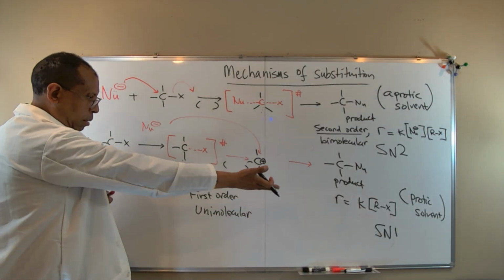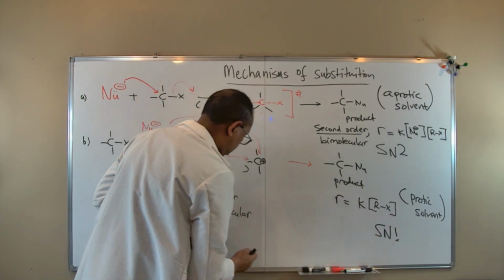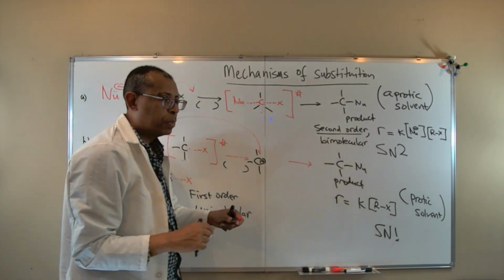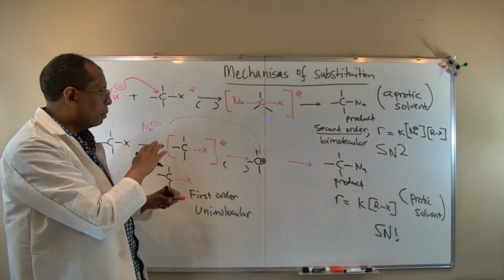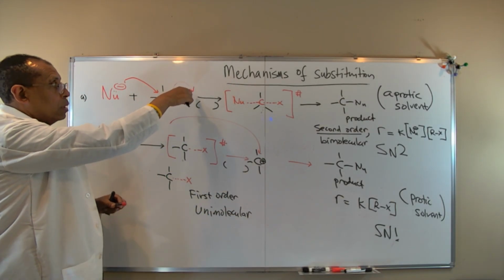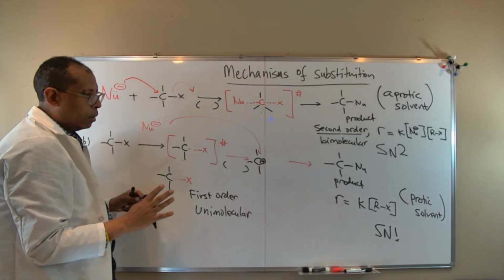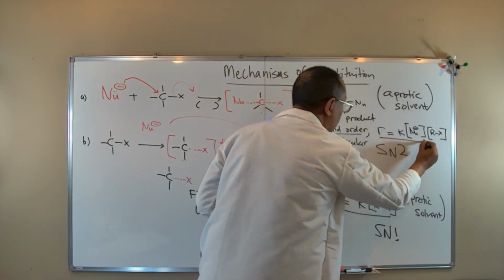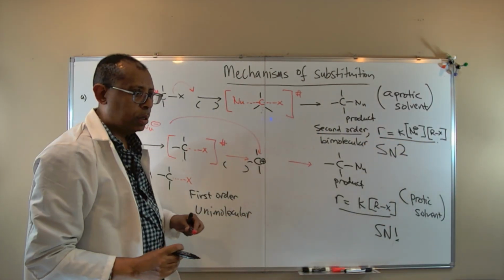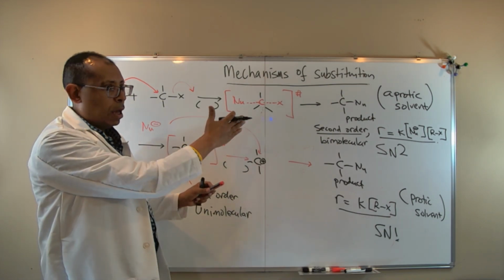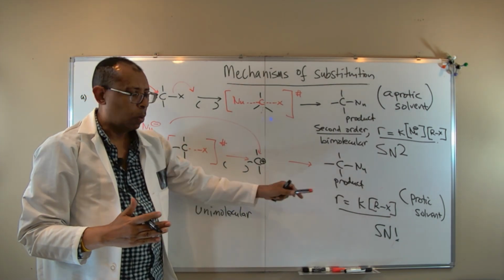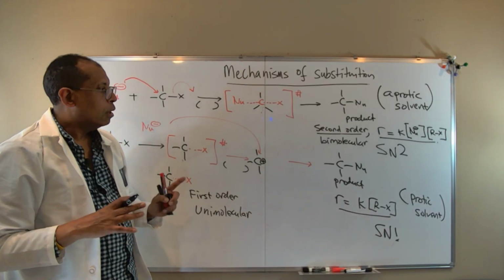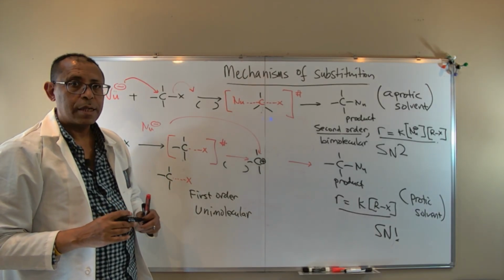SN1 is obviously unimolecular, because you have 1, and SN2 is bimolecular. So understand the mechanism, understand which way the arrows are moving, and also remember the rate, the kinetic equations. These two equations are important as well. Based on the mechanism, you could have bimolecular kinetics or unimolecular kinetics. We'll continue with more examples of SN1 and SN2.